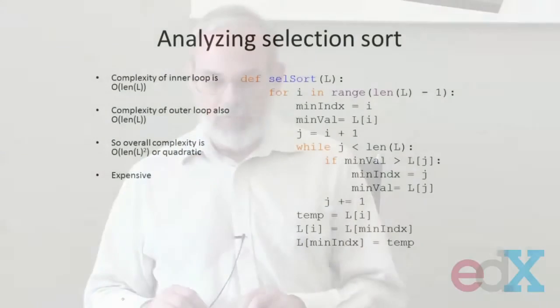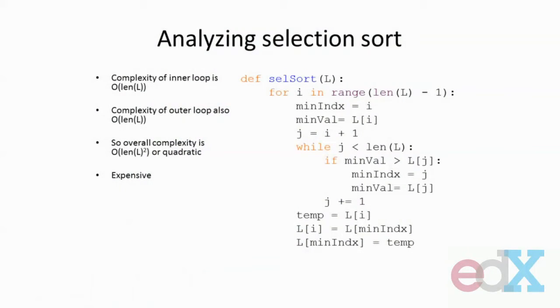Great. Now, what's the complexity? Well, what have I got? I've got two loops. This inner loop down here, we already know from earlier versions how to estimate that. The complexity of that is on the order of the length of the list. Yes, the list gets smaller each time through, but basically it's the order of the length of the list. Okay? So that's the inner loop. What's the outer loop? Well, I go through the outer loop order of the length of the list times.